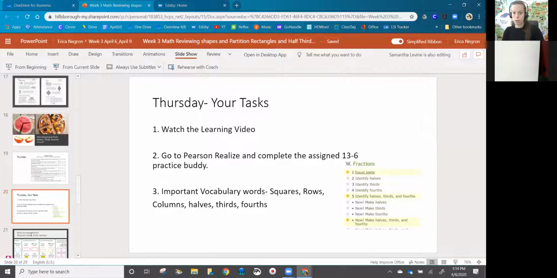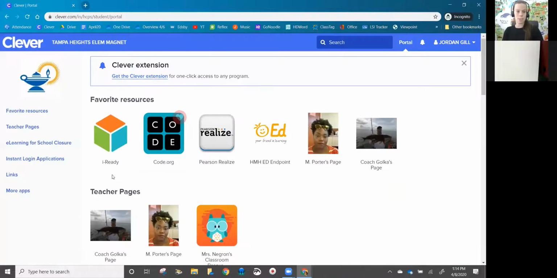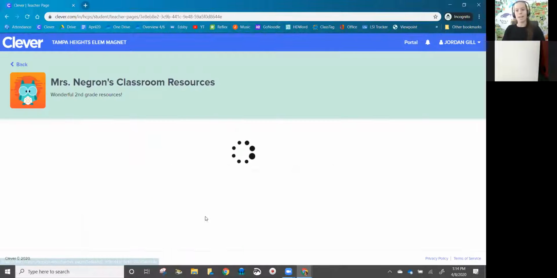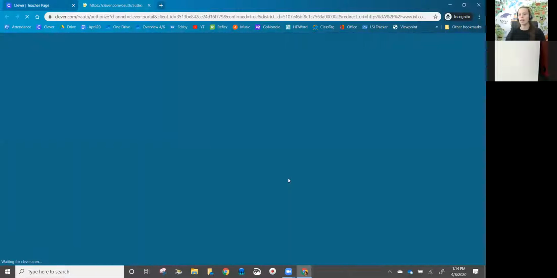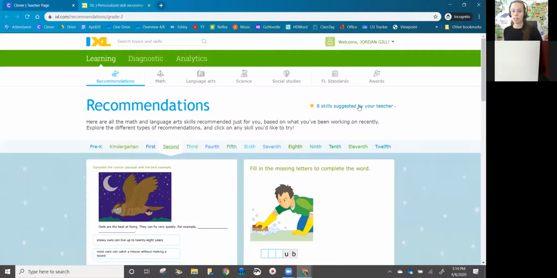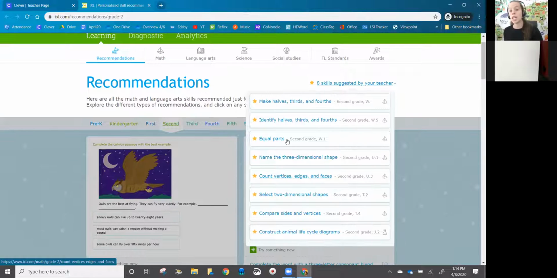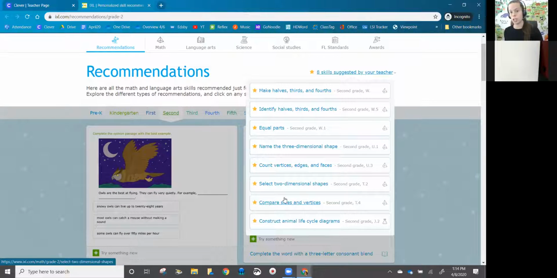So when you go, let's take this one on my page and click on IXL. It is right here. 8 skills suggested by your teacher. I'll take away the 2D and 3D shape stuff and just leave half, thirds, fourths, halves, thirds, fourths, equal parts.